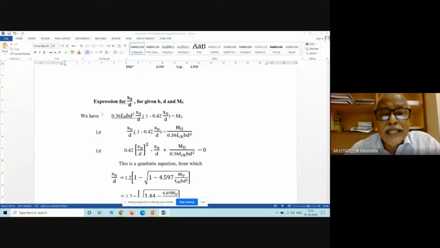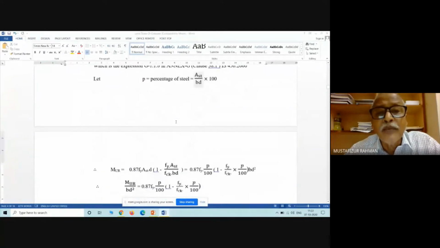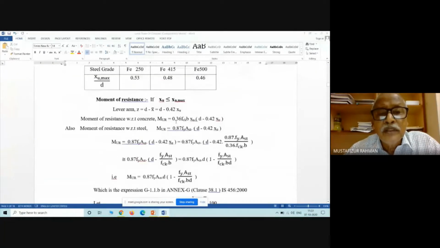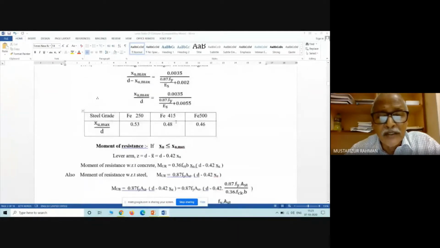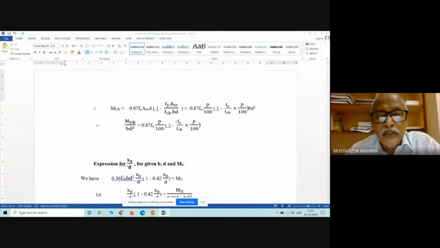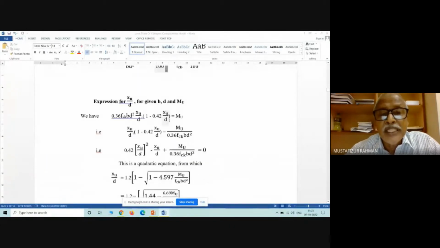Now here we are taking the expression with respect to the compression zone of concrete. Our actual expression, which we had calculated beforehand, was this: 0.36 fck b d squared xu by d (1 minus 0.42 xu by d).